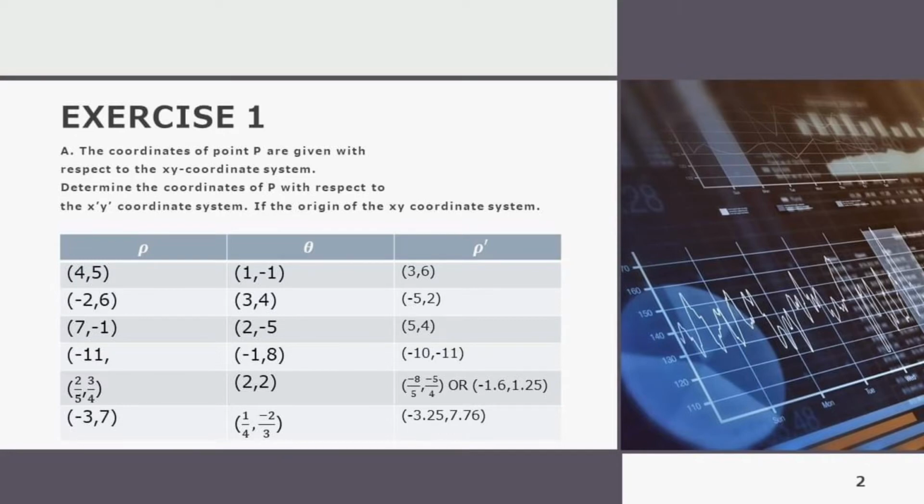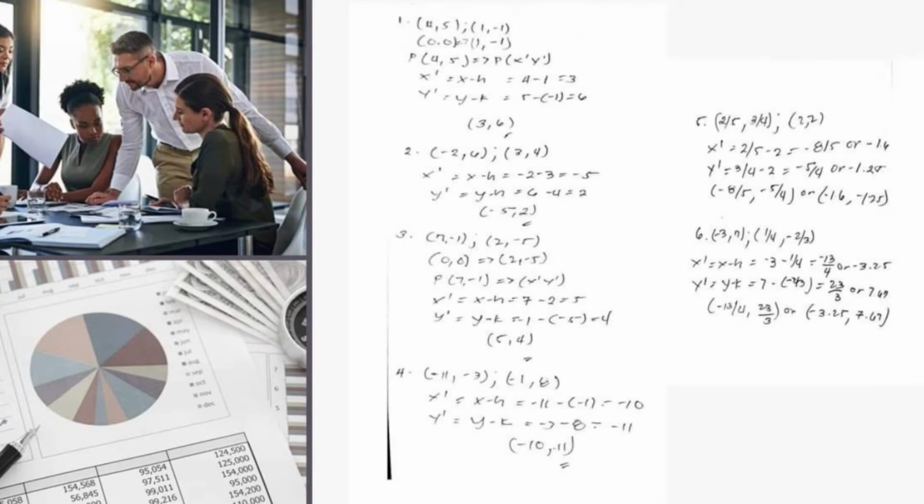So here's the solution. The formula for the x prime is x minus h, and for the y prime is y minus k. So we have here for P (4, 5), and for theta (1, -1).